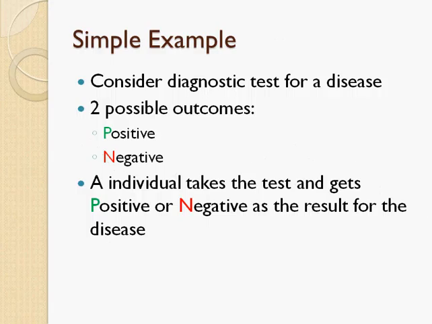Let me start to introduce how to derive this ROC concept from a very simple example. Let's consider a diagnostic test for a disease. There are only two possible outcomes, which are positive and negative. A patient takes the test and gets either positive result or negative results.